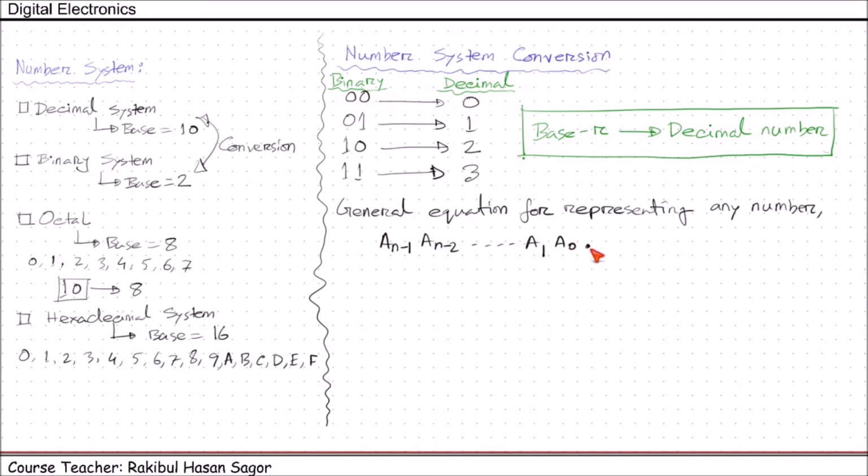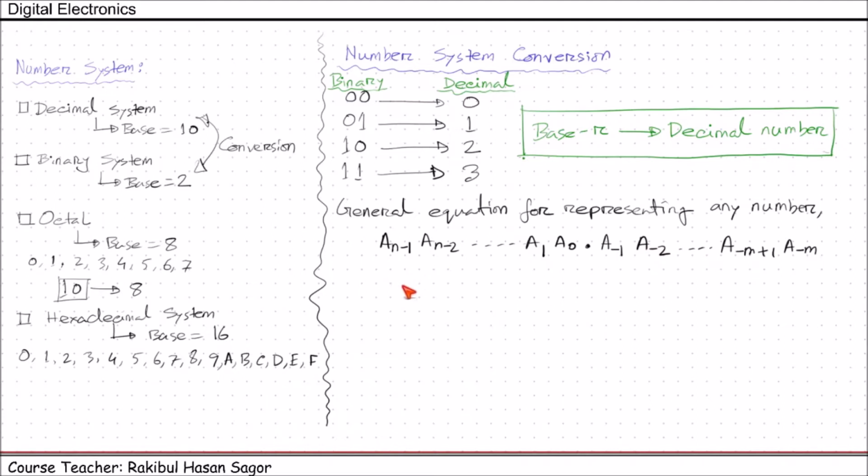And if we have a fraction, then the fractional part can be represented by a minus 1, then a minus 2. If we keep going in this way, it will go up to a minus m plus 1, and finally up to a minus m. This 0, 1, n minus 2, n minus 1 represents the positions of the integer part. And minus 1, minus 2, minus m plus 1, and minus m are the positions of the fractional portion.